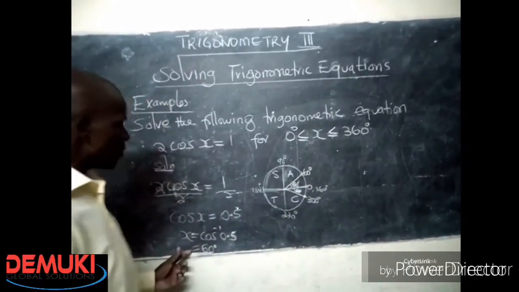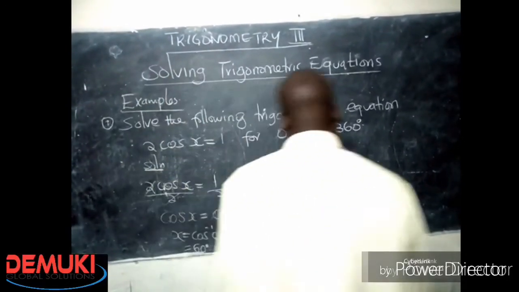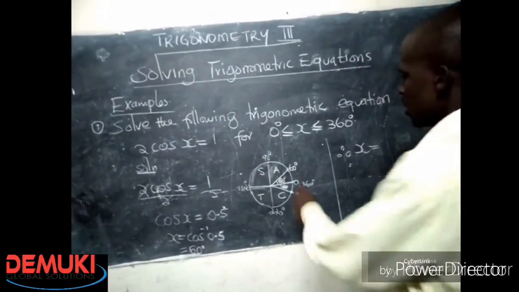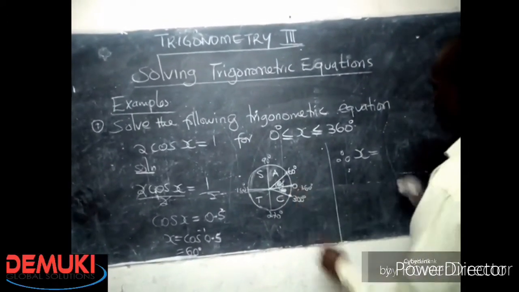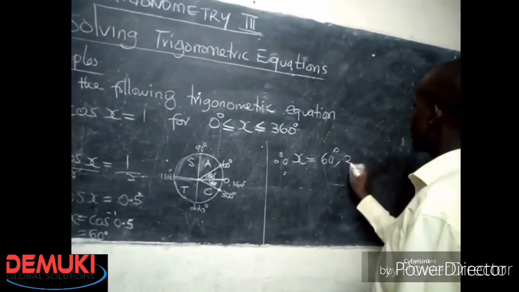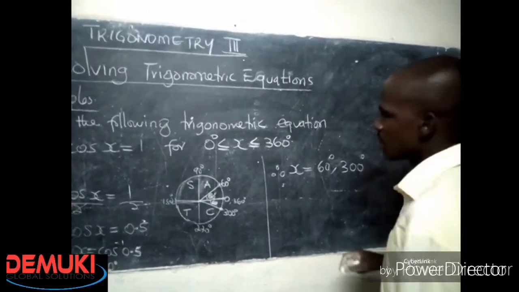So the values for my x are two. Therefore, my answers: I have 60 degrees, that's one of the angles. The other angle is 300 degrees, right?